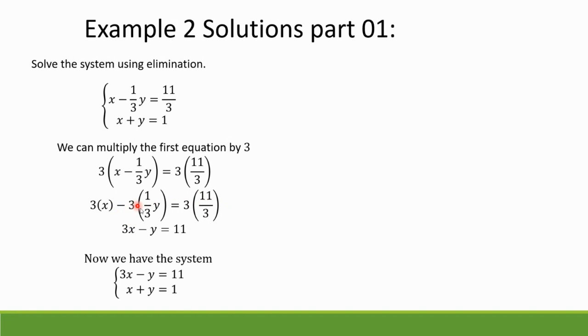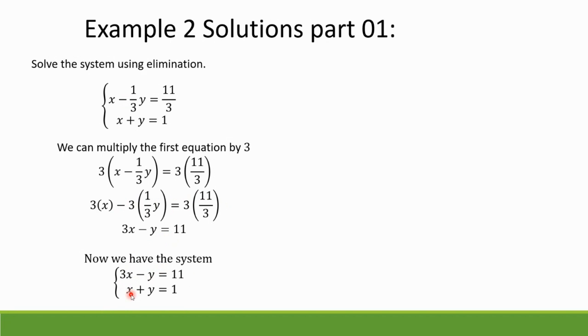The 3's cancel here, we get y minus y. Here, we get 11. So we have now 3x minus y equals 11. So essentially, we transformed this system into this system, and we did it algebraically, okay? So we have this system to deal with.